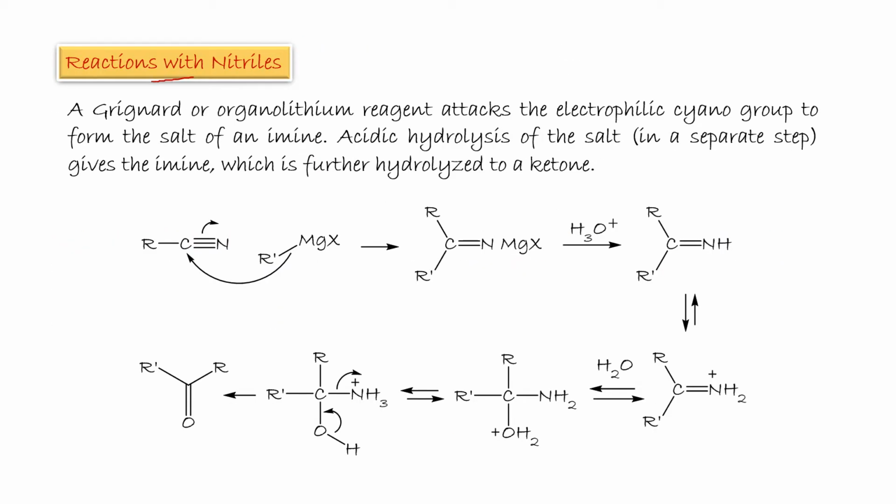Reaction with nitrile. The Grignard or organolithium reagent attacks the electrophilic cyano group to form the salt of imine. Okay, so we have R prime to attack here, addition reaction to form the salt. Hydrolysis of the salt gives imine. Hydrolysis of the imine in presence of drops of acid gives the ketone.